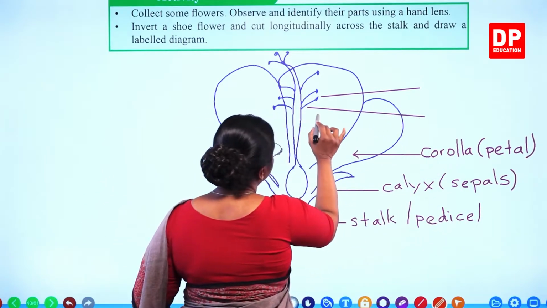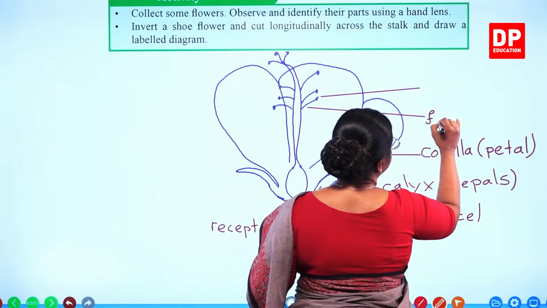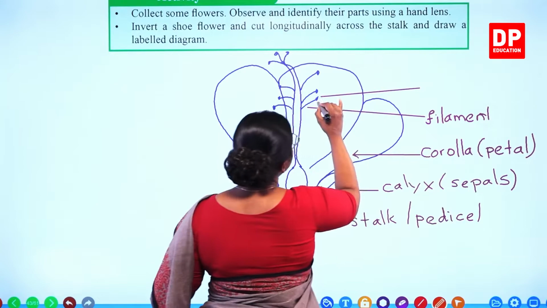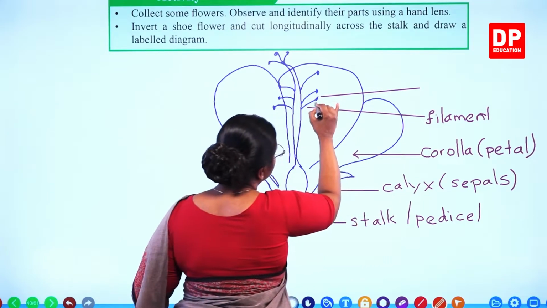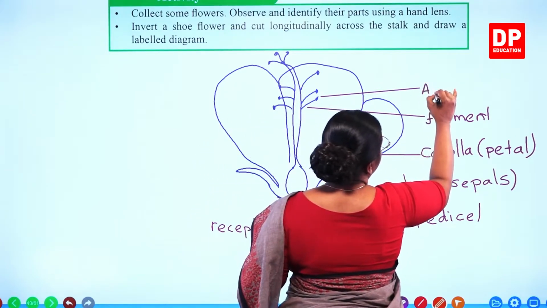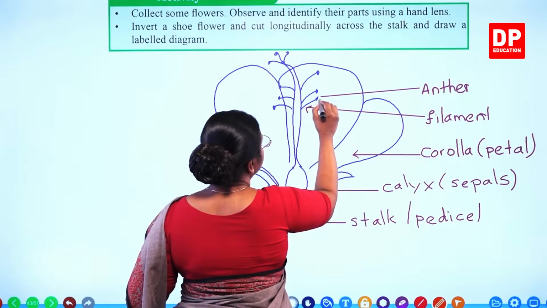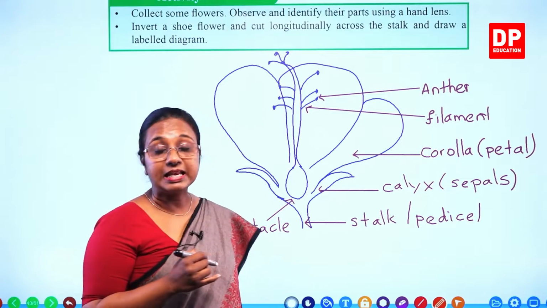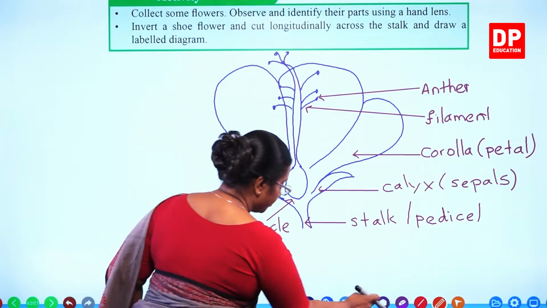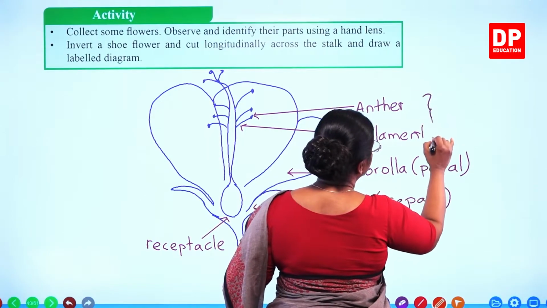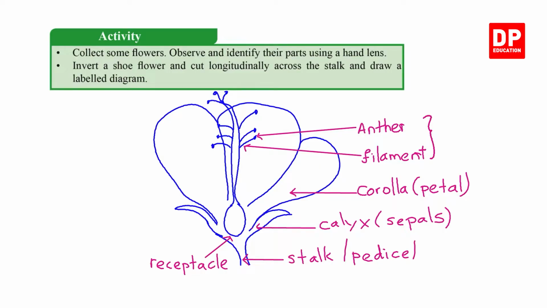Then here we have the filament, and this particular structure is the anther. Both together is the male reproductive structure, androecium. So filament and anther together make the androecium.